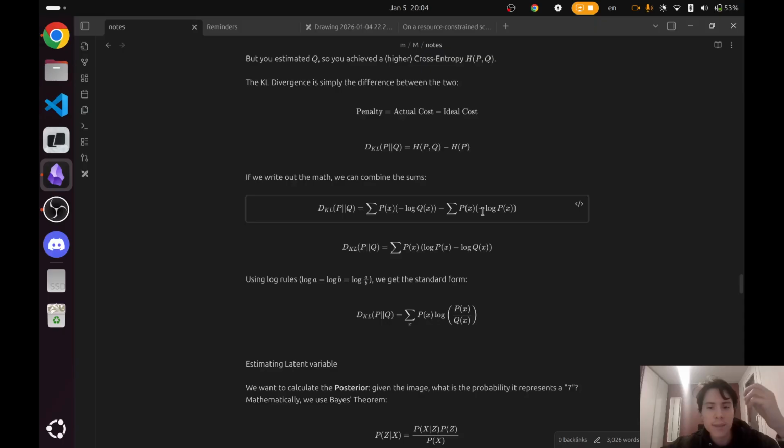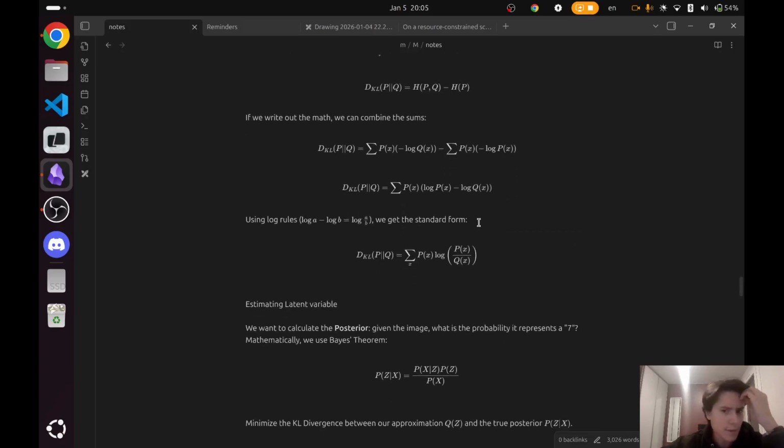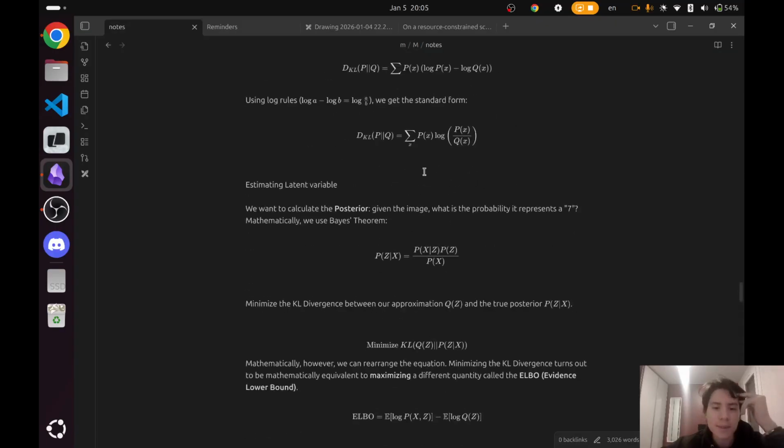We factorize, and what else? This is different, right? Minus this and minus this, so we can put this minus this. We can multiply by negative, and this is going to be positive, so we have log P minus log Q. All right, and then because of the rule of logarithms, if they are subtracting, you can divide, and this is the final formula of the KL divergence.